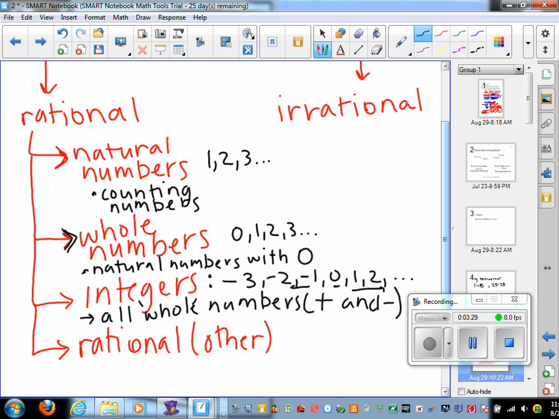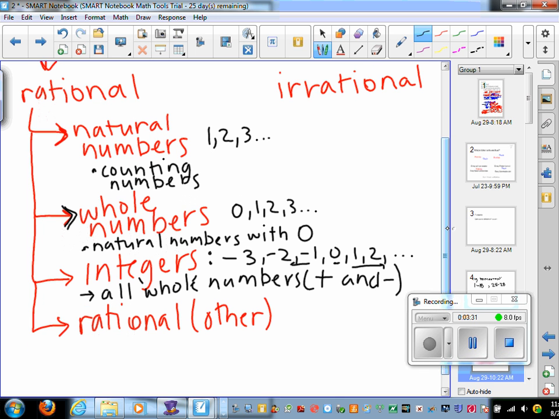Other rational numbers that can't go into these categories are things like maybe 3.2. This has a decimal, but it ends. It doesn't keep going on forever. It's just 3.2.